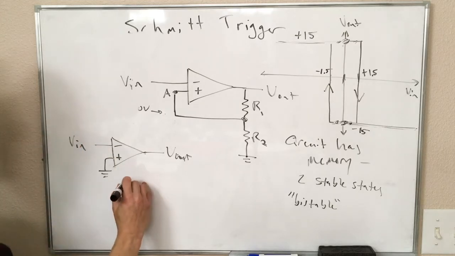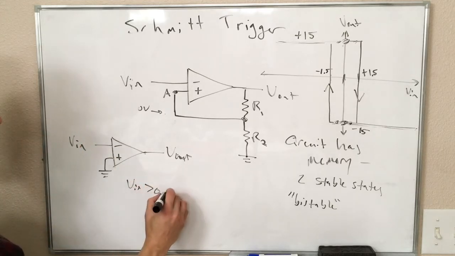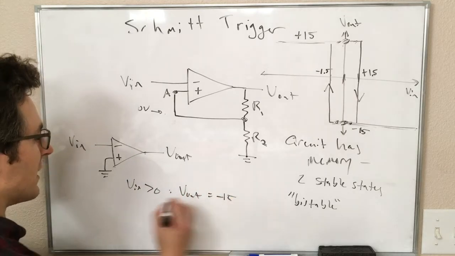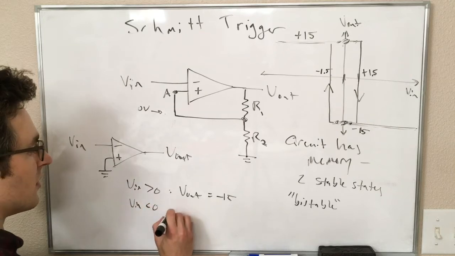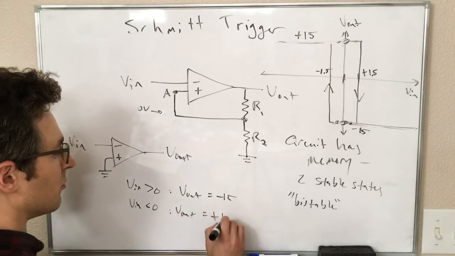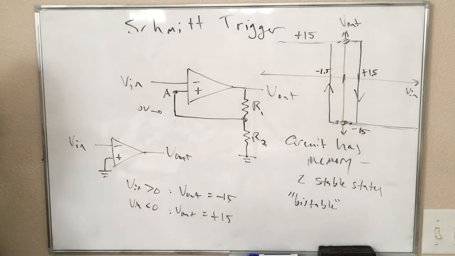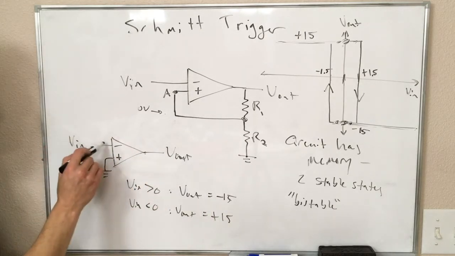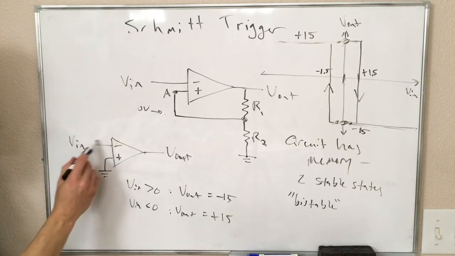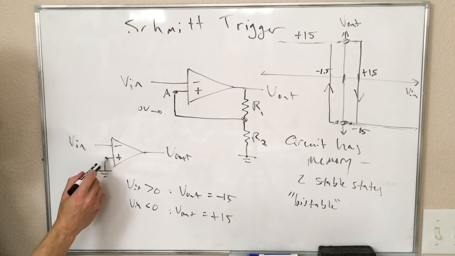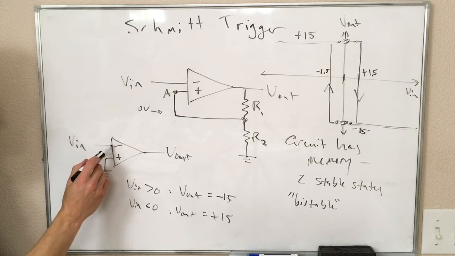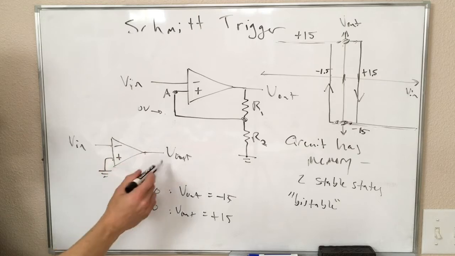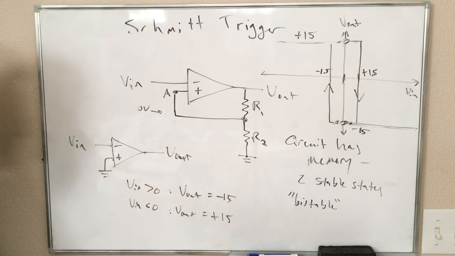If the input was greater than 0, then V out was equal to minus 15. If V in was less than 0, then V out was equal to plus 15. I don't remember if this is the exact comparator we analyzed before, but these are the numbers for this comparator with V in on the inverting input, right? If the inverting input is more positive than the non-inverting input, which is 0, the output is going to be negative 15, and that's what we see here.